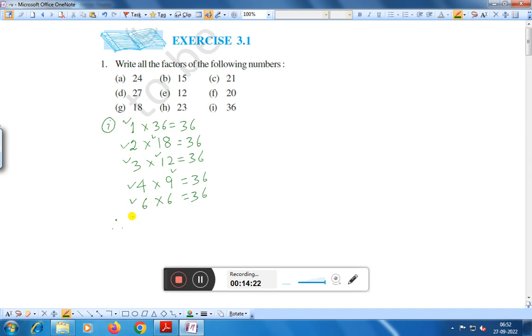Therefore, the factors of 36 are 1, 2, 3, 4, 6, 9, 12, 18 and 36. These are the factors of 36.